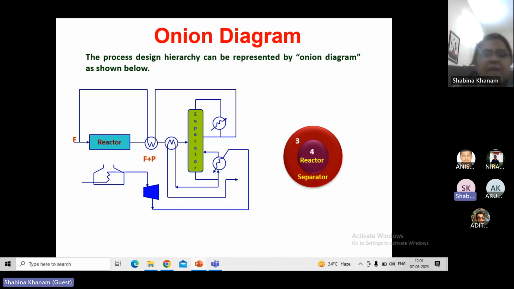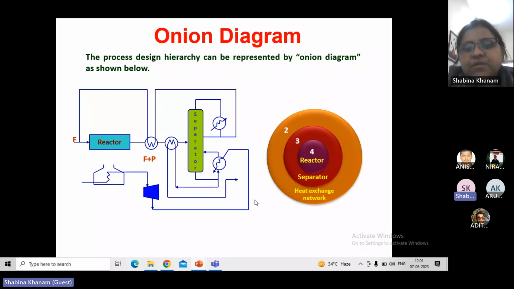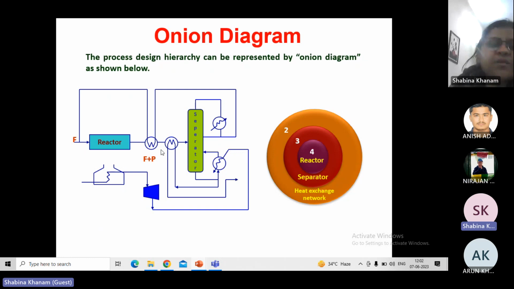So I'm having the reactor, then the separator, then for the heating and cooling requirement, as we see over here, heating and cooling and these exchangers. So once I'm having the separator, we can have the heat exchanger network. In that heat exchanger network, we consider different exchangers. That may be process heat exchangers, as you can see over here, or we can have heat exchangers which involve utilities, like condenser and reboiler.